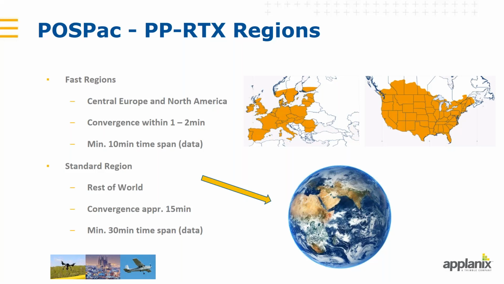The recommendation here is to have at least 10 minutes of rover data, or your mission duration should be at least 10 minutes. The rest of the world is then the standard region, where a global model is used for the correction data, and the convergence time here is approximately 15 minutes. So our recommendation is to have at least 30 minutes of rover data, or the mission duration should be at least 30 minutes.